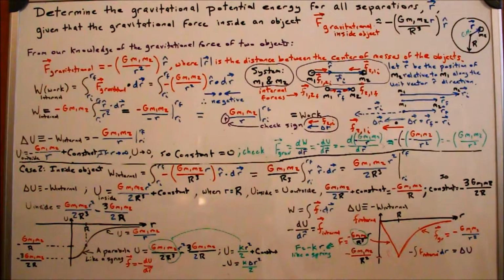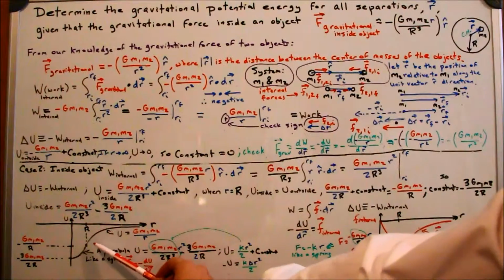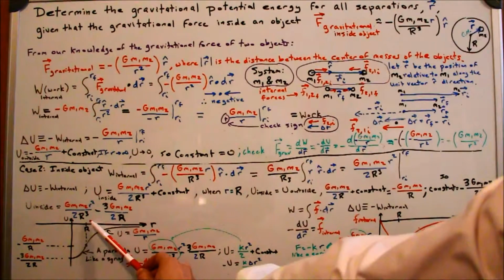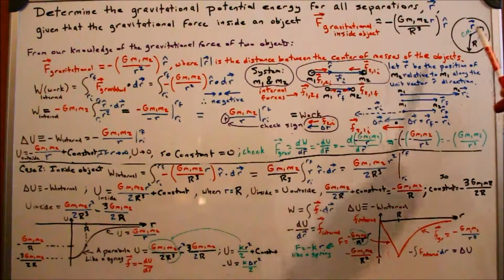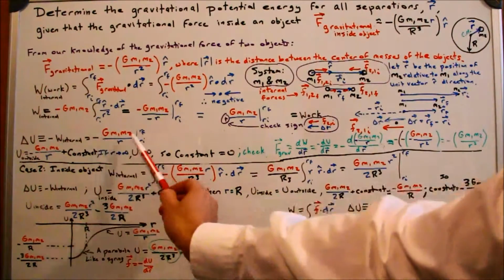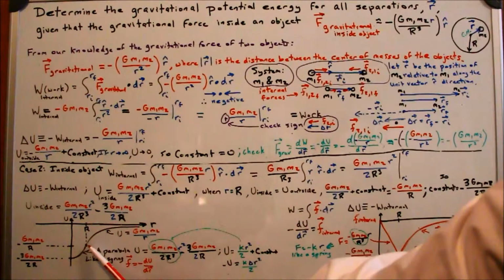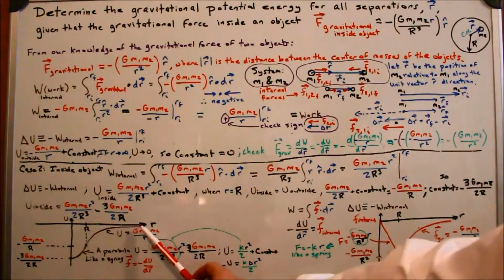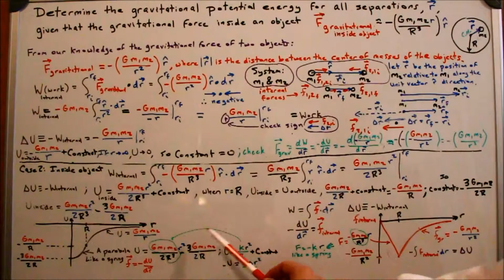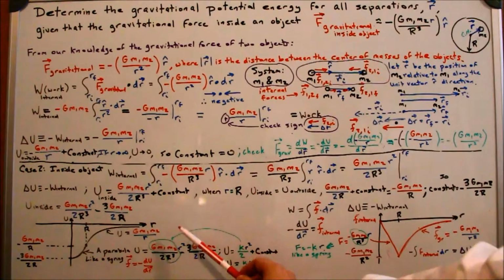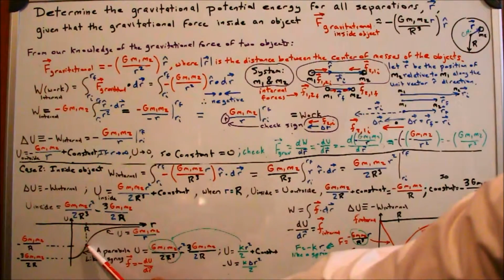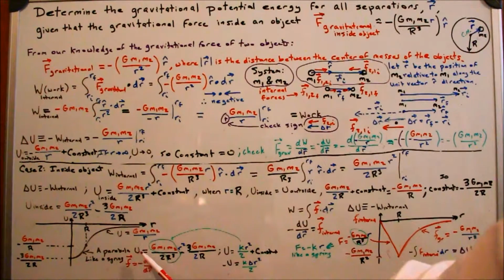Now graphing it, let's graph potential energy as a function of r. From the first equation, we know at r equals big R, right at the surface, this was my term for gravitational potential energy. Then I have this form of the equation, which goes to potential energy equals 0 at r equals infinity. Again, I match right here at that point, and using my second equation, I get this constant when r is 0.